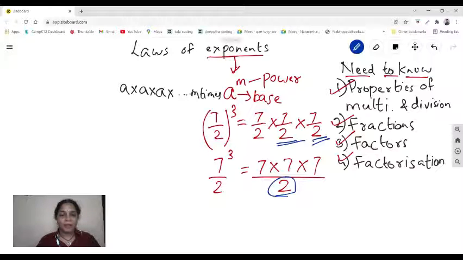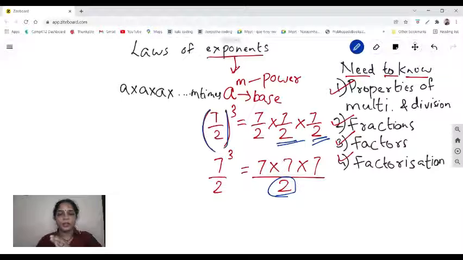So this bracket has a meaning. When we say 7 by 2 whole to the power of 3, that means for the entire thing which is there in the bracket, the power 3 applies. Power 3 means what? The entire thing that is there inside the bracket is multiplied 3 times.